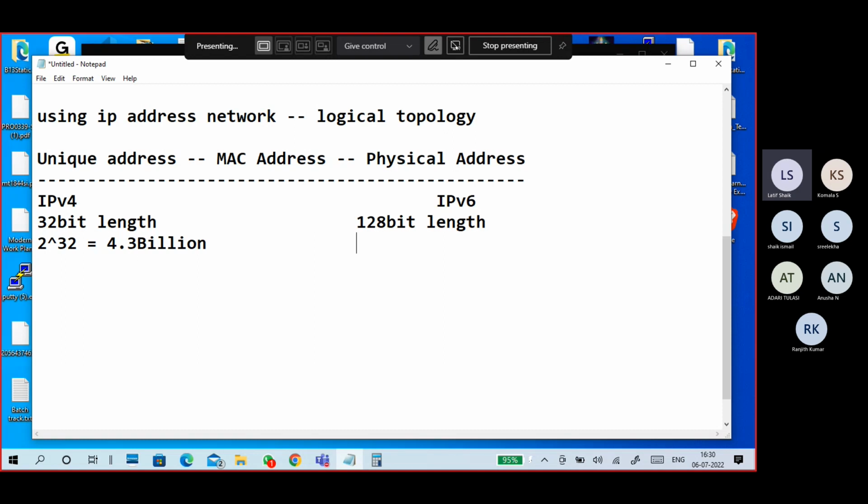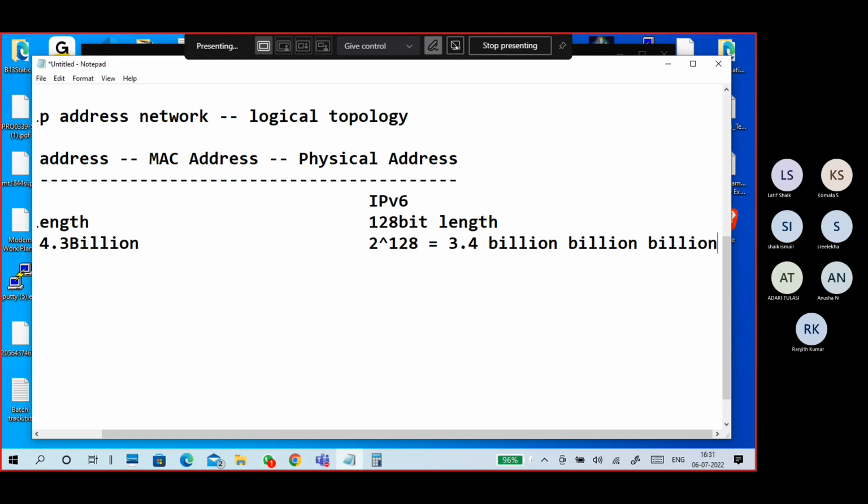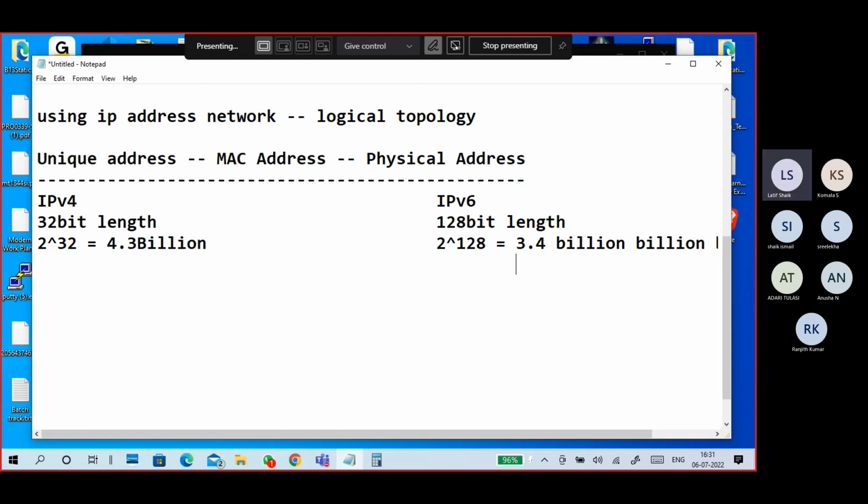IPv6 is 128 bits in length. If you write IPv6 in binary code, it is 128 bits. So 2 to the power of 128 is around 3.4 into 10 to the power of 38 IP addresses.